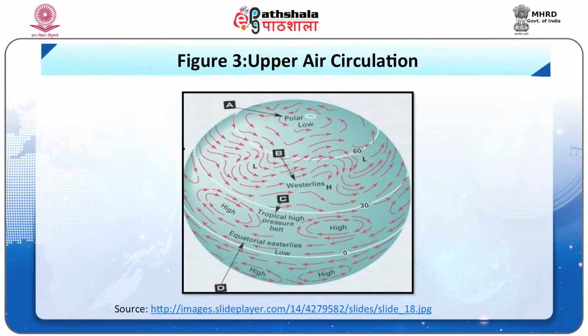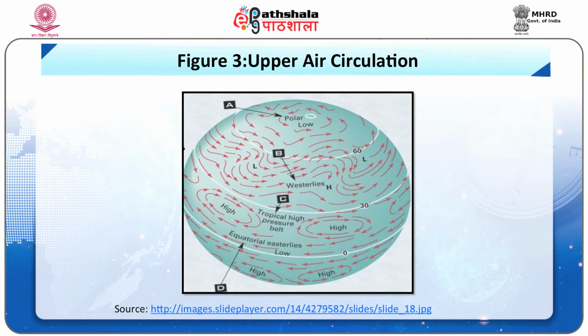Poleward from the tropical Hadley circulations in both the hemispheres, air flow in the troposphere is normally and persistently west to east, generally parallel to latitudes, as upper air westerlies. You can refer to figure number 3 for this.